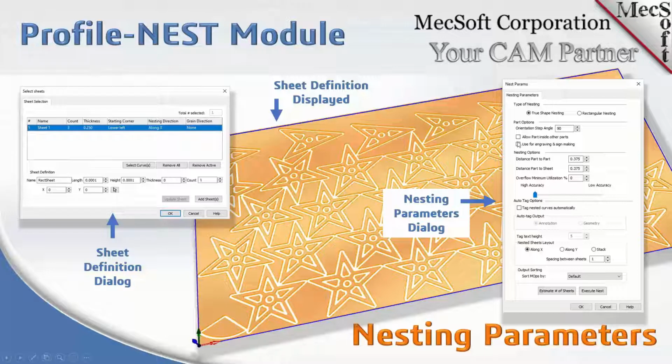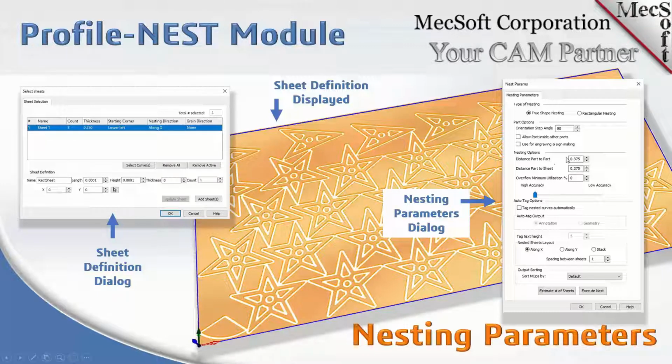And then you can nest parts inside of other parts if you have cutouts. Engraving and sign making is reserved for when you have curves that intersect other curves in your control geometry. You can use this option to keep those curves together as one profile part. Then obviously you can set how far your profiles are from each other, and how far the profiles are from the outer perimeter of the sheet.